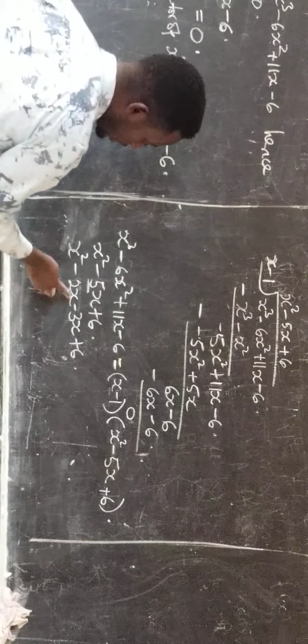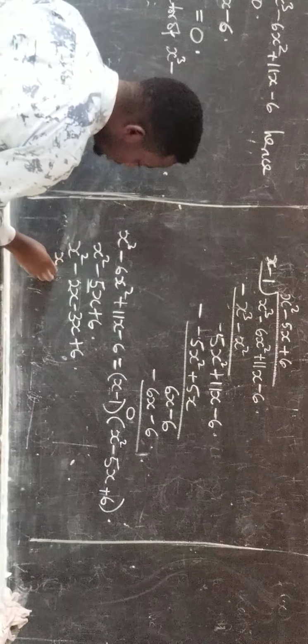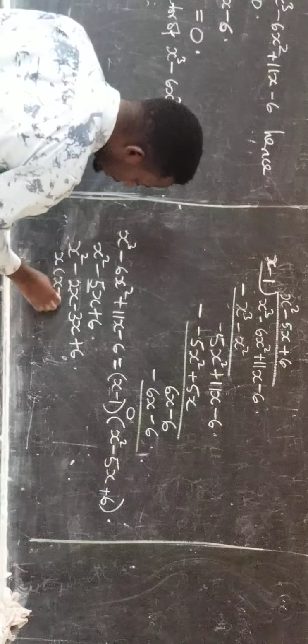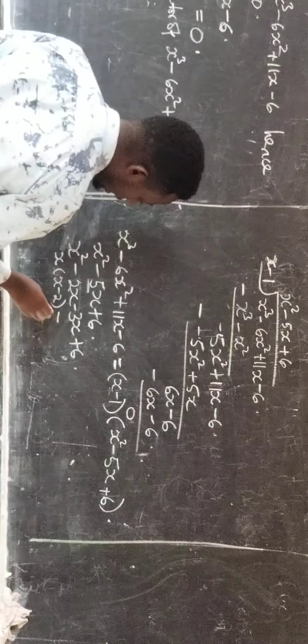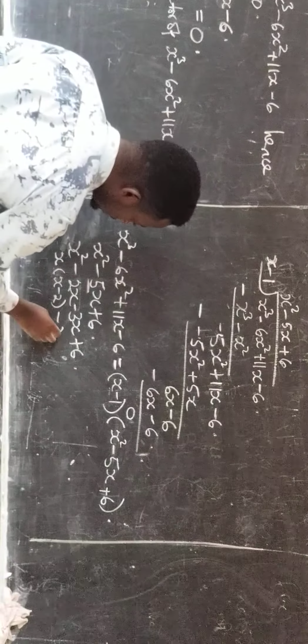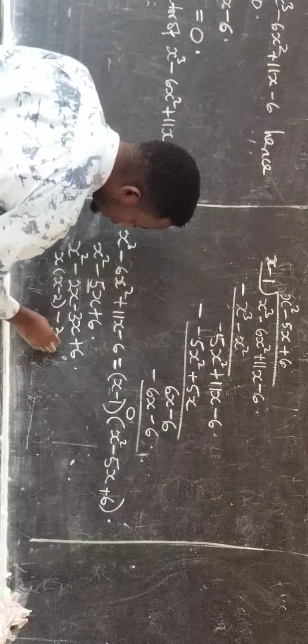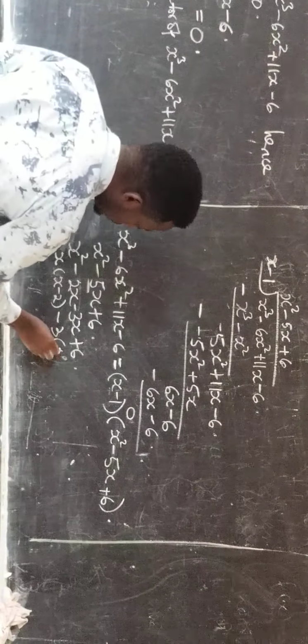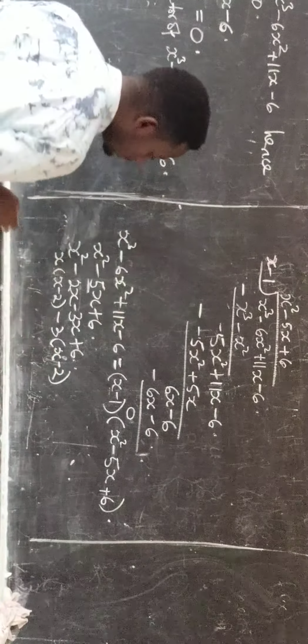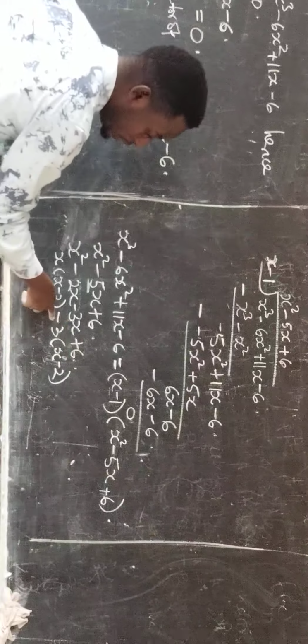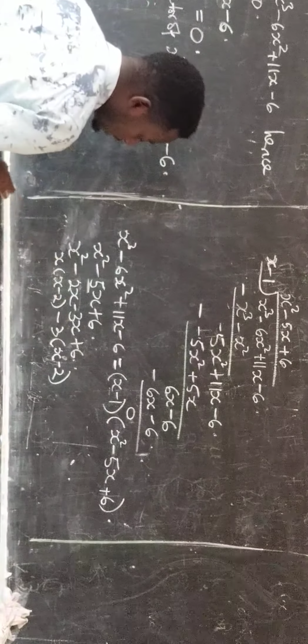So, factorizing, this will be x into x minus 2. This will be plus, I can use minus, maybe minus 3 into, here remaining x, here remaining minus 2. Since it is a positive, I have to make that a negative.